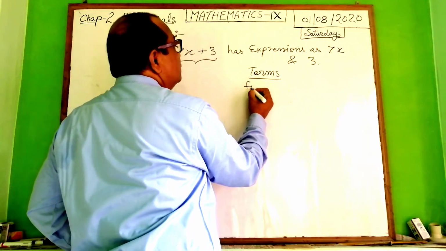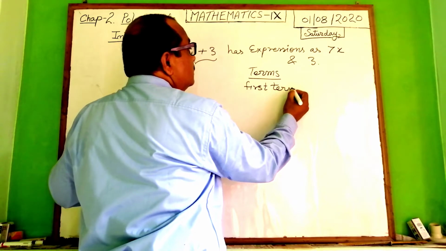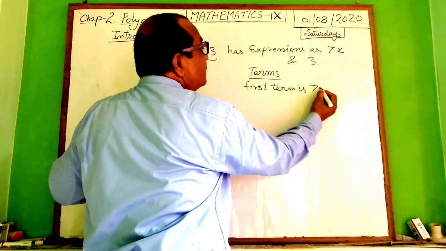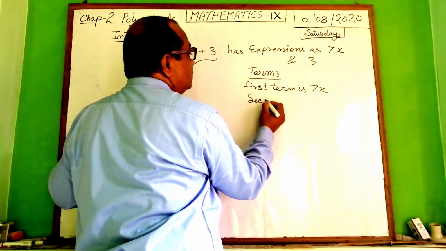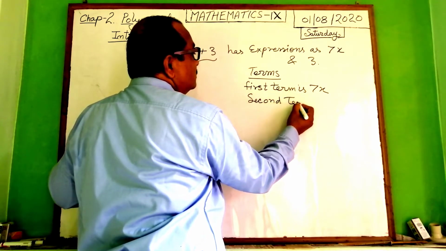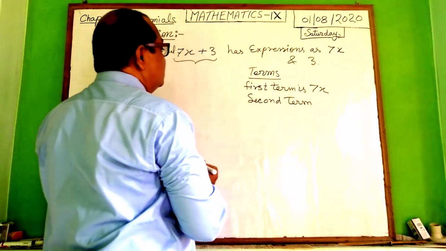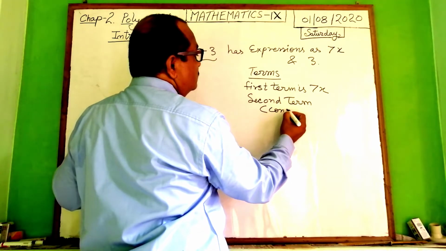So the first term is 7x, and you can see the second term, since here the variable is not used, has no variable, so it is known as a constant also.